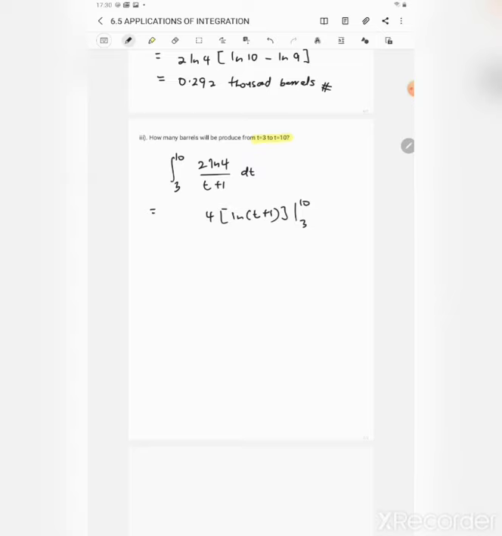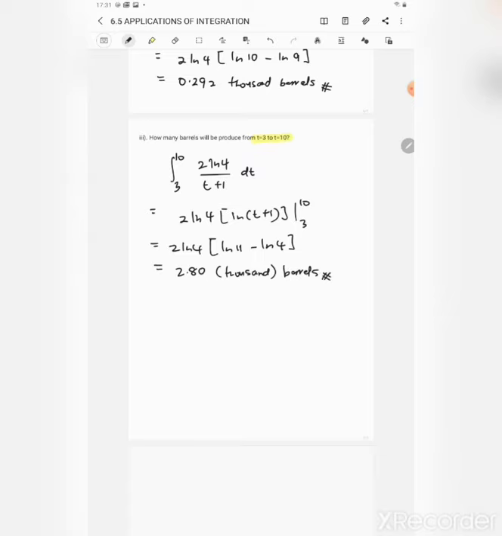You can just calculate it straight away, pressing your calculator for the value. ln of 10 plus 1, we get ln 11, minus ln of 3 plus 1, we get ln 4. So ln 11 minus ln 4 multiplied by 2 ln 4, we get the answer 2.80 thousand barrels.